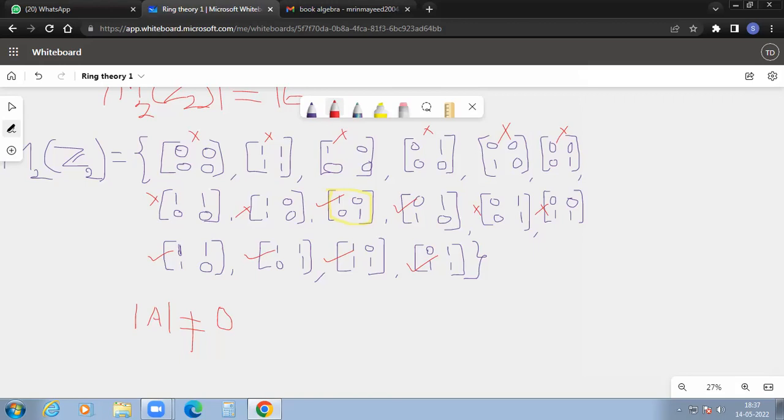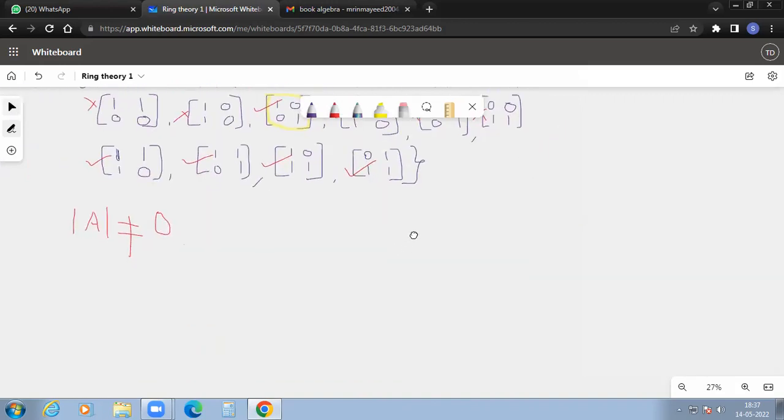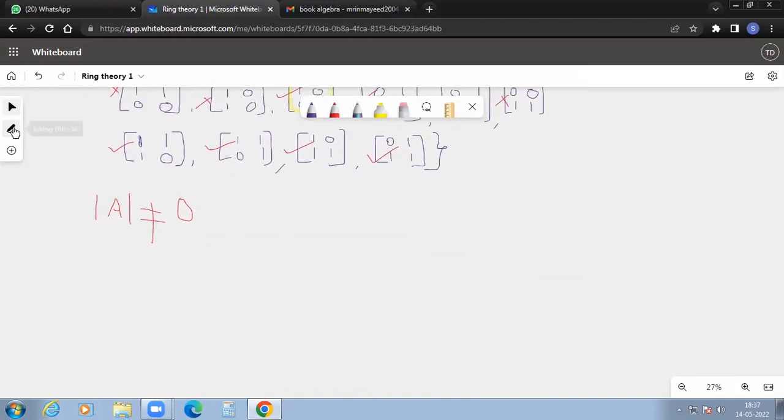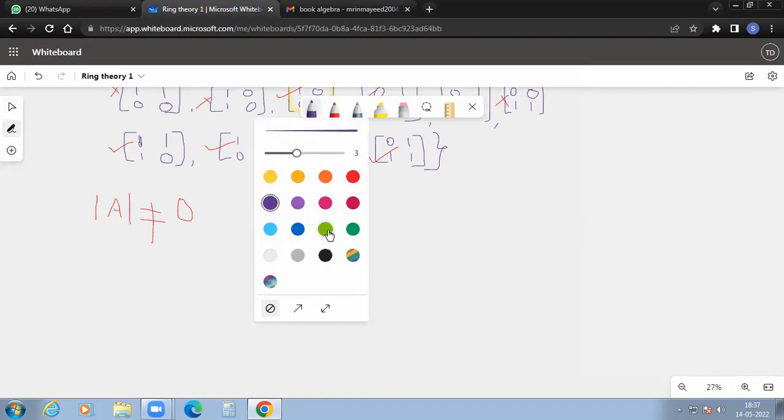So can you tell me what is the inverse of which matrix? Because that will be our next move. We have to find the inverse of a matrix. Yes, anyone?